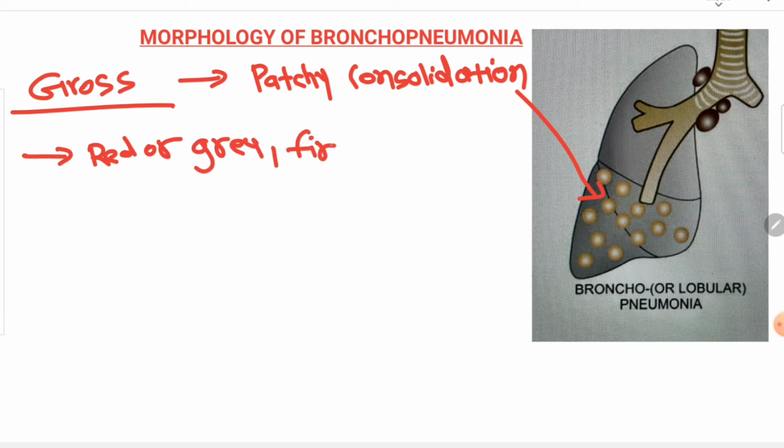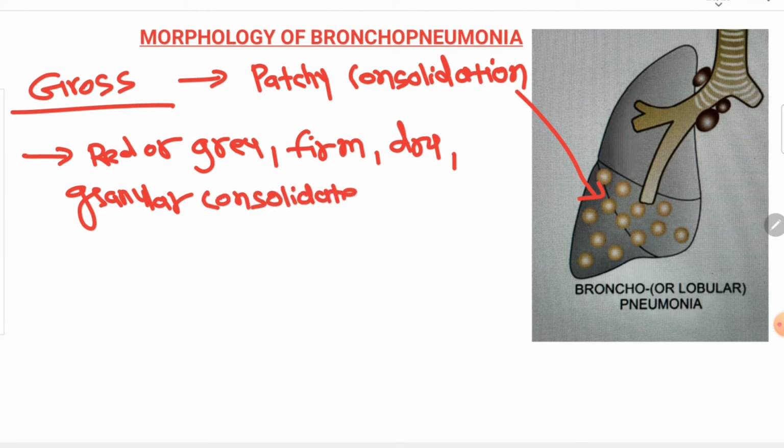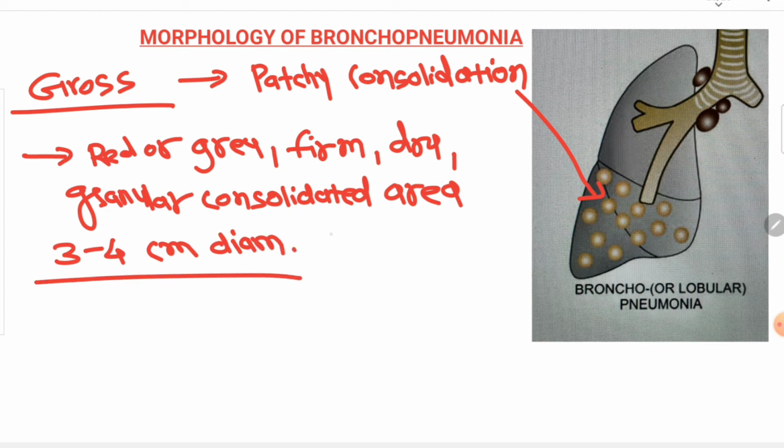All right. Grossly, the lungs are red or gray in color, dry and granular because of consolidation. The consolidated area is usually patchy, 3 to 4 centimeters in diameter, and slightly elevated over the lung surface.